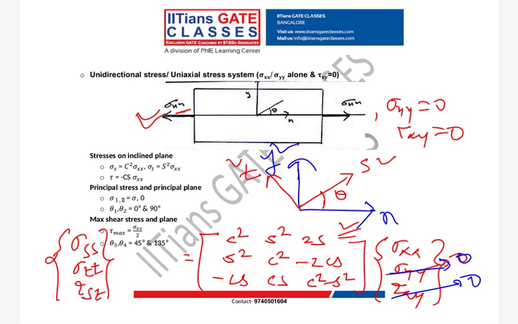So what will be sigma s? Sigma s will be only C square into sigma xx. Sigma t will be S square into sigma xx, and tau st will be minus CS into sigma xx.